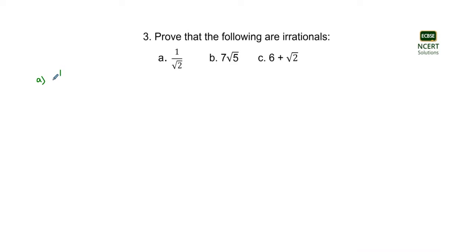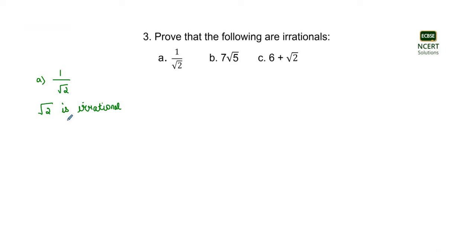So let us start with A. Here the number provided is 1 by root 2. As we know, root 2 is an irrational number. How can we say that? By using the method of contradiction, following the same method as we used in solving question first.